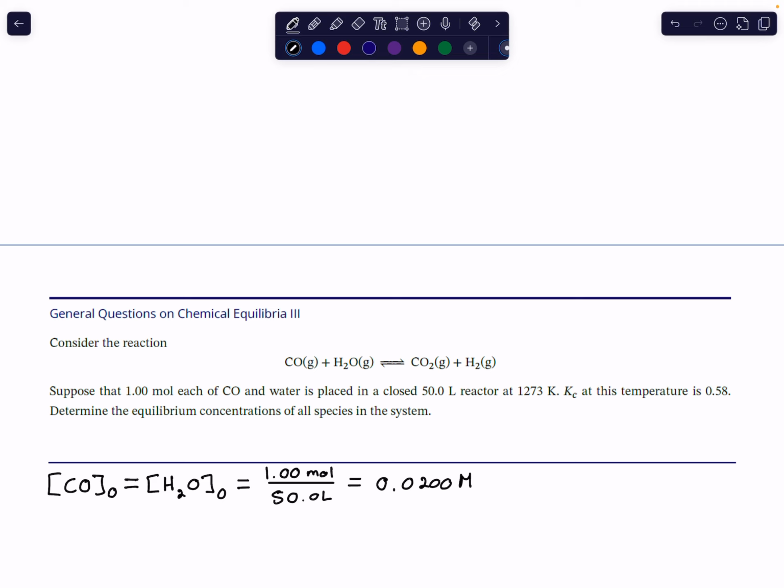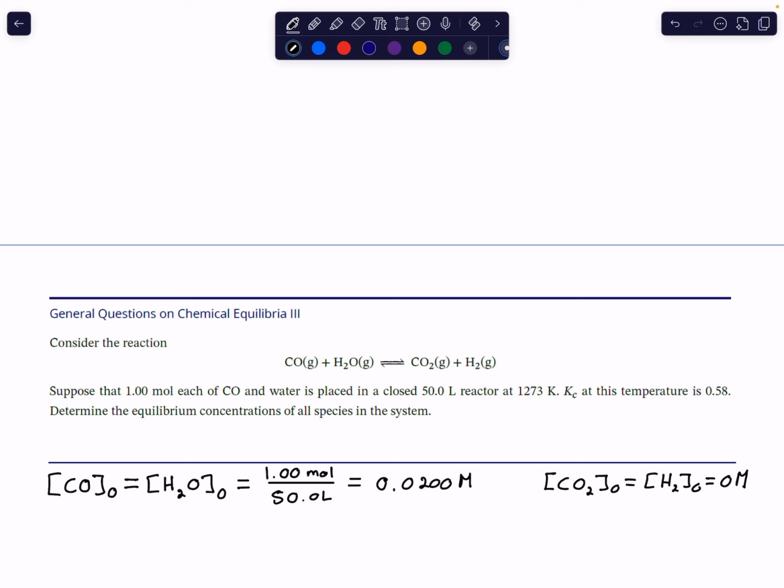We're not told anything about the products, implying that our product concentrations initially are 0. So the CO2 and the H2 concentrations initially are 0 molar. All right, great. So that is our initial analysis.